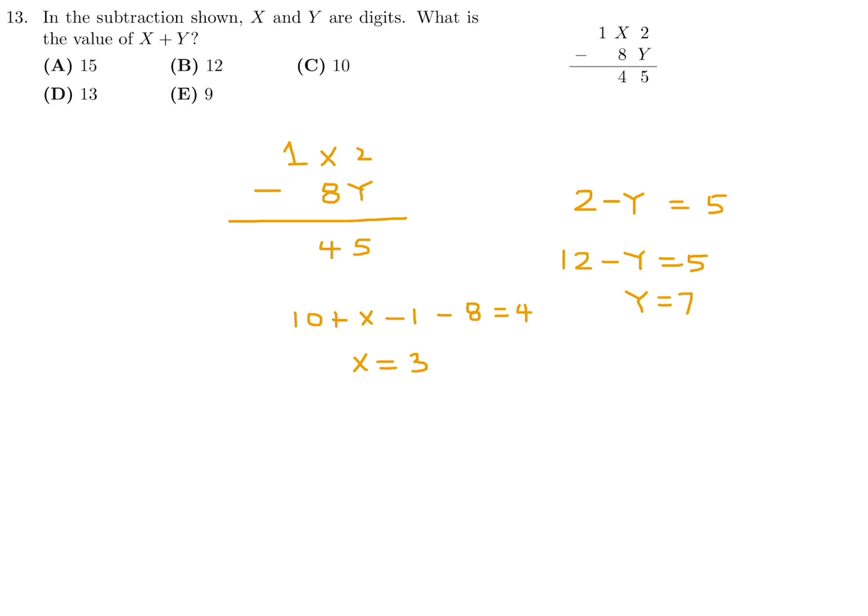And that's it. So now we just have to find x plus y, and x plus y is 3 plus 7, which is 10. So number 13, the answer is C. And you can, of course, go back and verify with our values 1, 3, 2, minus 8, 7, and that is indeed 45.